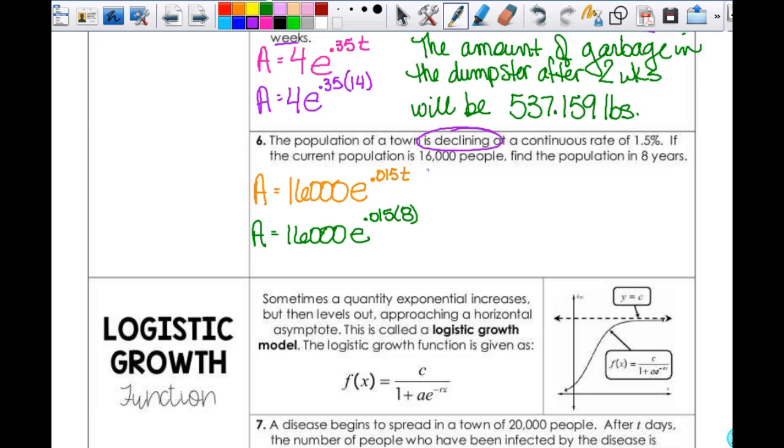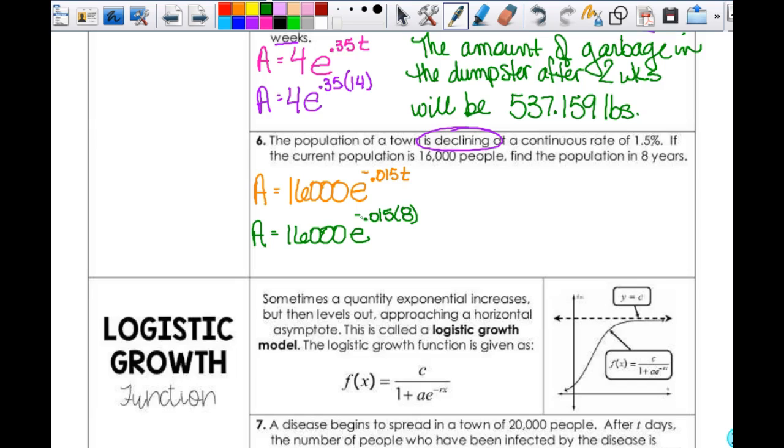Yes? Well, yeah, because if it's declining and it goes from 16,000 to 126,000, I'm thinking there's something not right. Okay, but what's your decimal? Oh, okay. But negative point... your parentheses might not be right on here, I'm guessing. It may be an issue with parentheses. I'll look at it in just a second. But it's negative, because what I know for sure before I ever start is my answer should be less than 16,000, right?